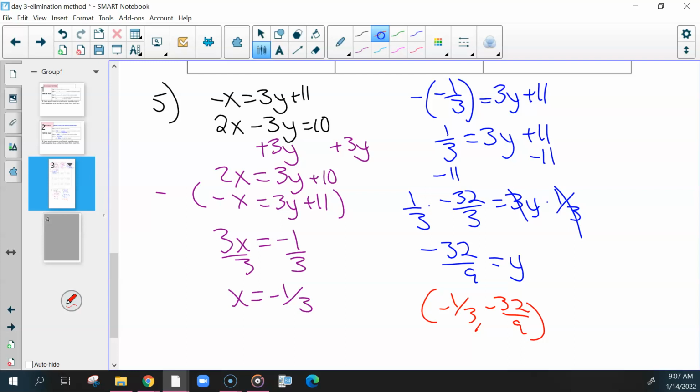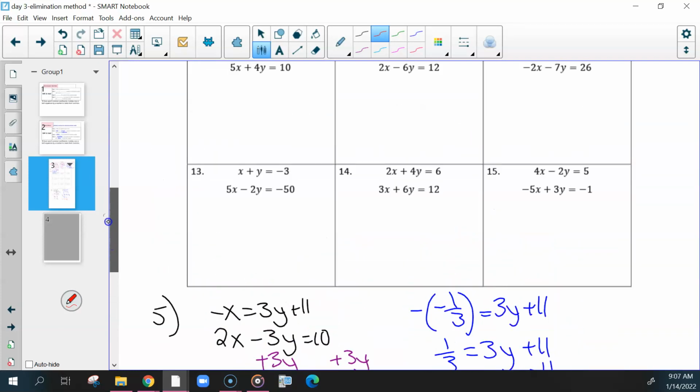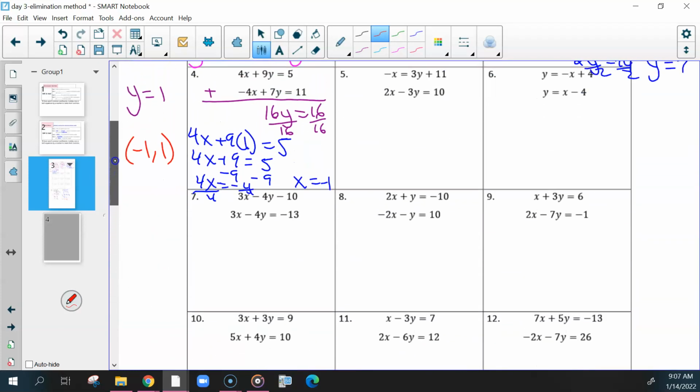There is one more that I'm going to have you guys do that is a fraction, that you'll end up with fraction answers, but the process will be the same. Just be careful when you put the fractions in. Questions on number 5? We're going to do 2 more, and then I'm going to let you do some on your own.